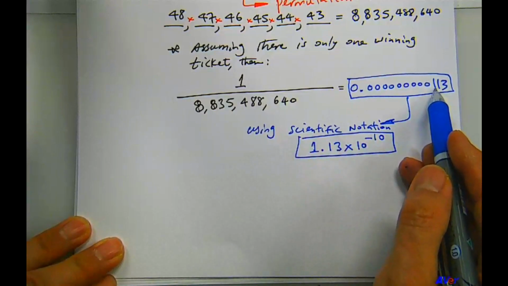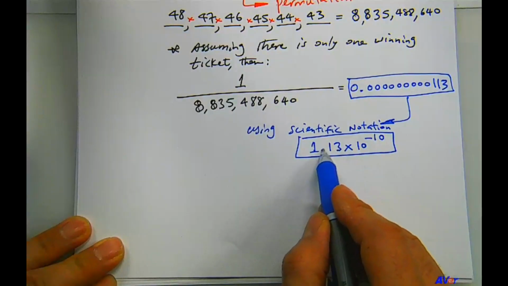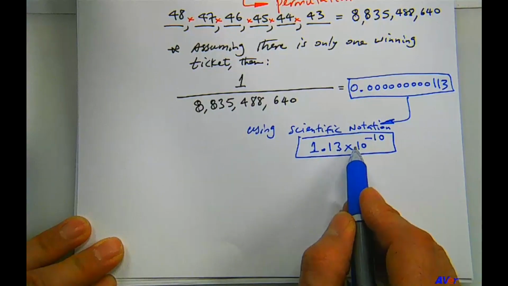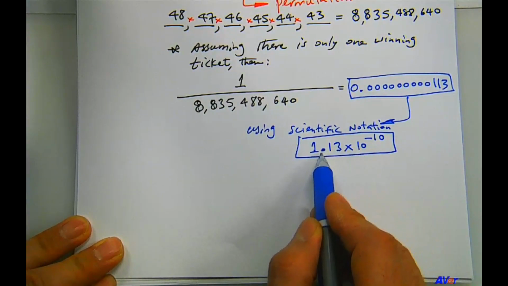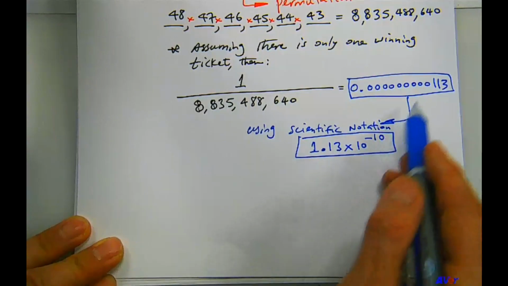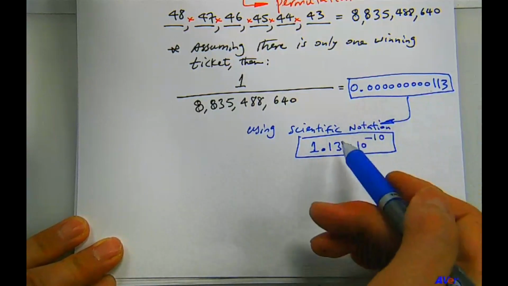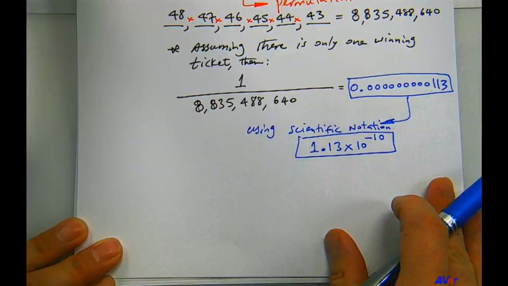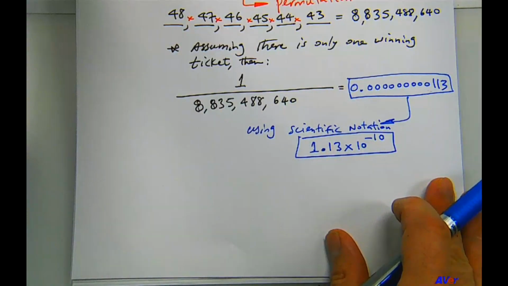What the negative power means is that you move the decimal 10 spaces to the left and you get that same number. So this is scientific notation, and that's the decimal value notation.